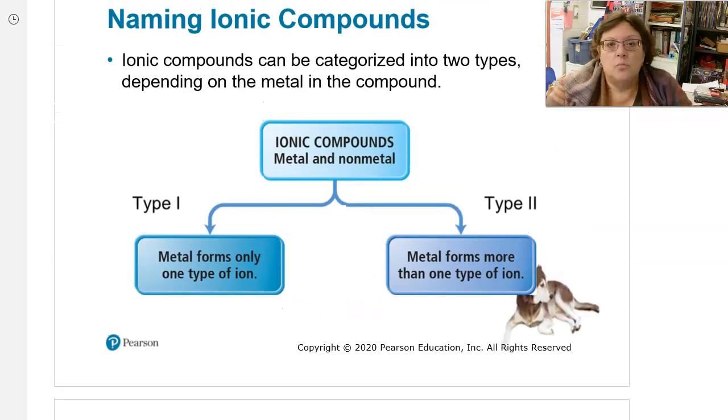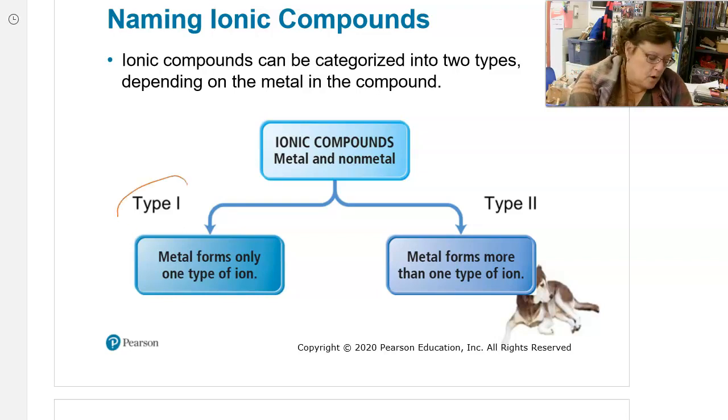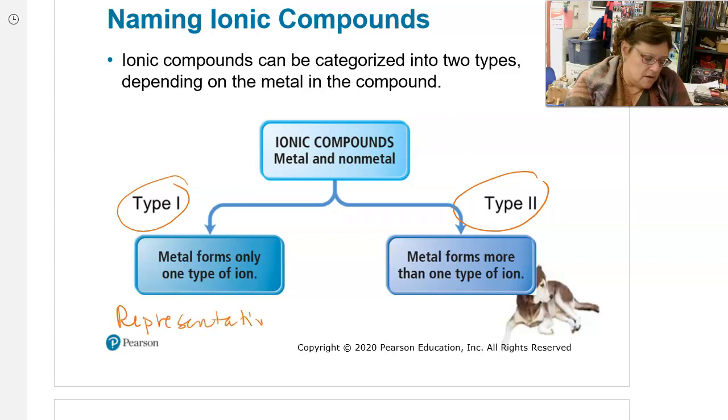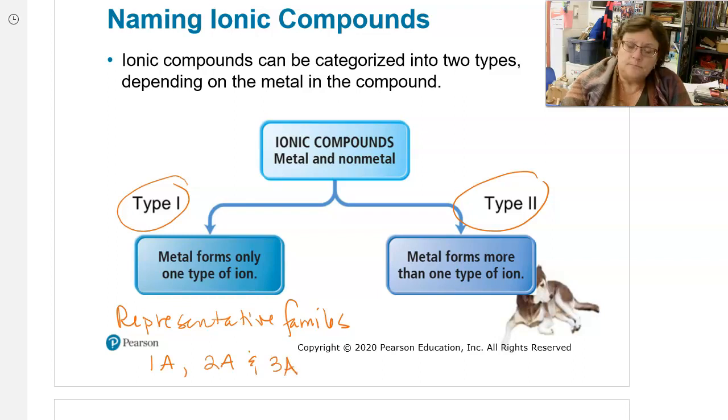Okay? So we are going to take ionic compounds and break them into 2 categories: Type 1 and type 2. Type 1 metals are going to be metals from the representative families, which means 1A, 2A, and 3A.